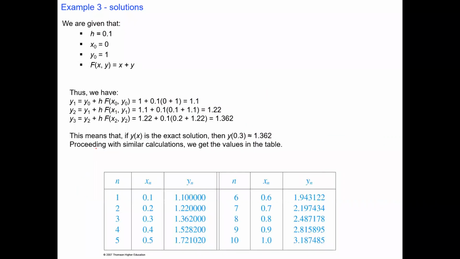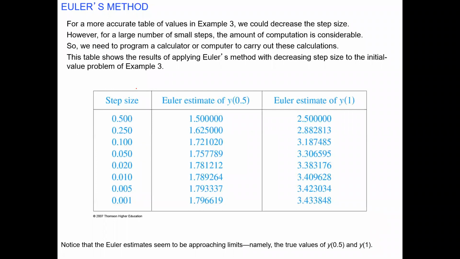Let's see, that's a little bit of the solution. And I also have from your textbook more values for approximating the value of the function at 0.5. Using the step size that we did at the beginning, just 0.5, the value will be 1.5. We did this one, right?